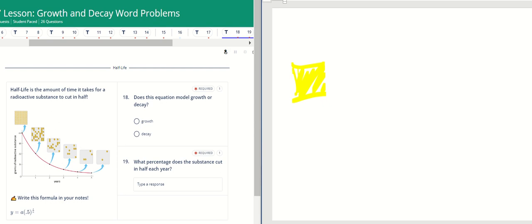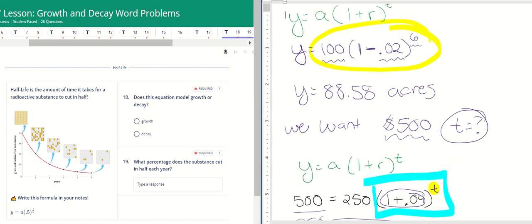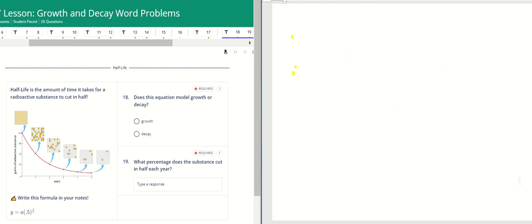Then another year goes by, it cuts in half again, and again. As the years go by, the substance will cut in half and in half and in half. Some substances decay like that, but they do it at a different rate.